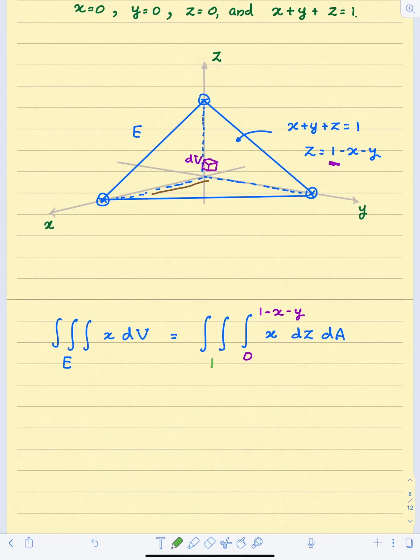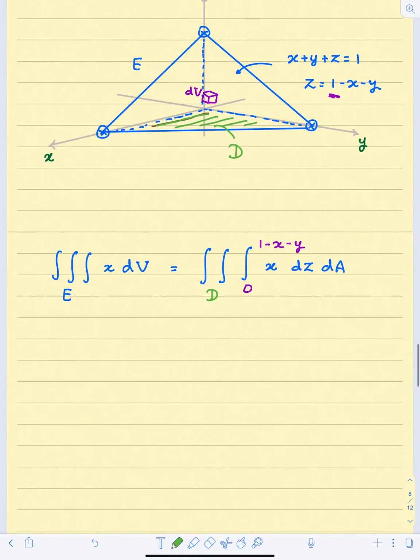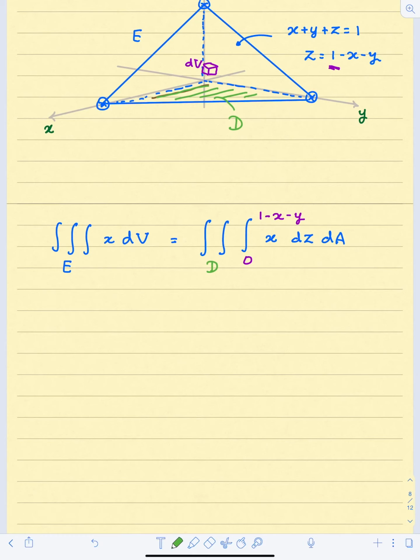And these two outer integrals correspond to the domain D. And your domain D is on the xy plane. It is this triangle. That's your domain D. Okay, so let's figure out the limits of these two integrals.